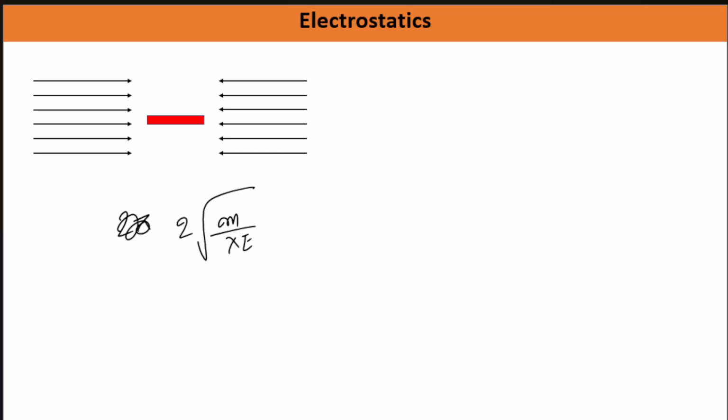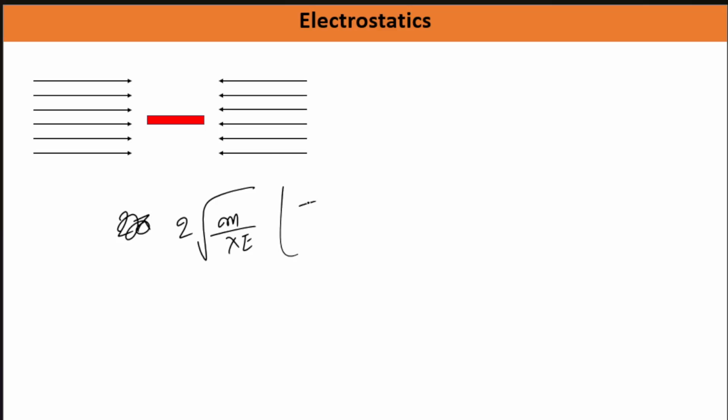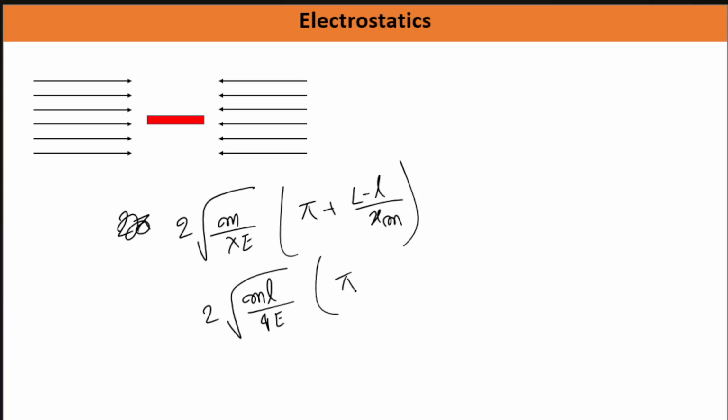Take 2 also common, because 2 was on both sides, right? Take 2 common. Pi plus this is pi plus L minus small l by xm. Okay? And lambda was equal to what? Q by L. So put that also: m L by Q E. And this is pi plus L minus l by xm.